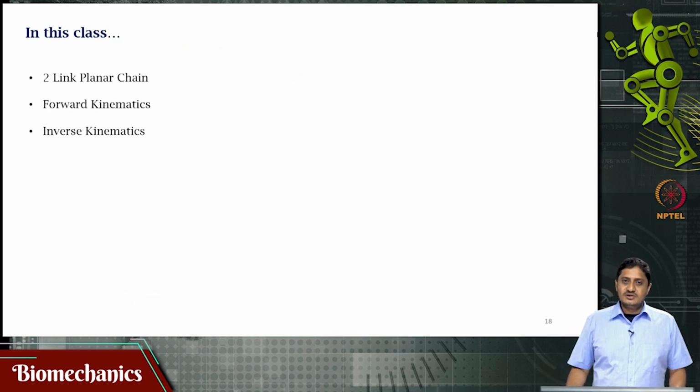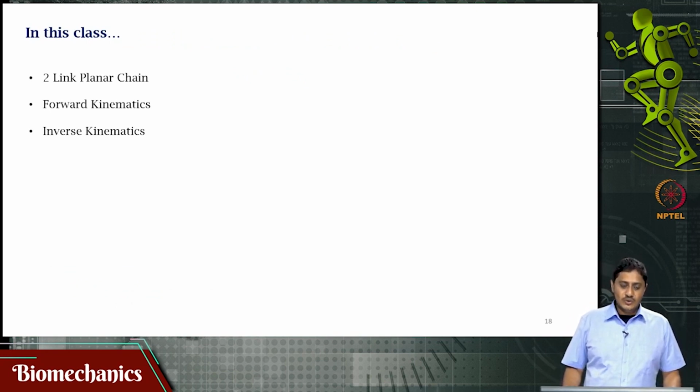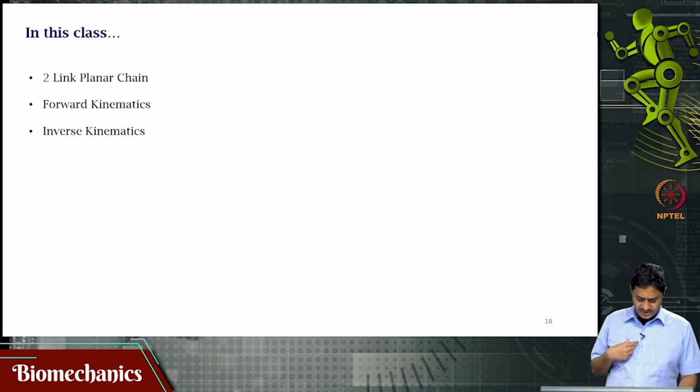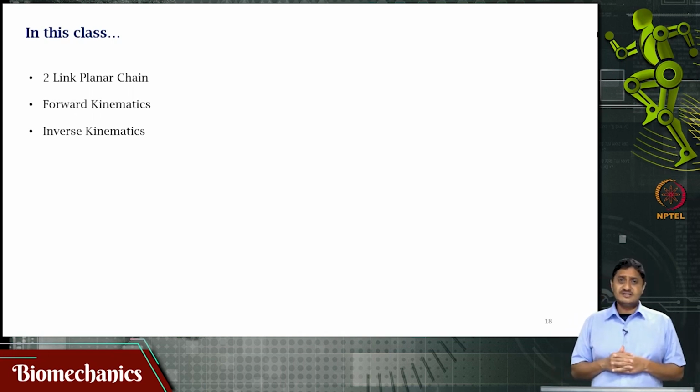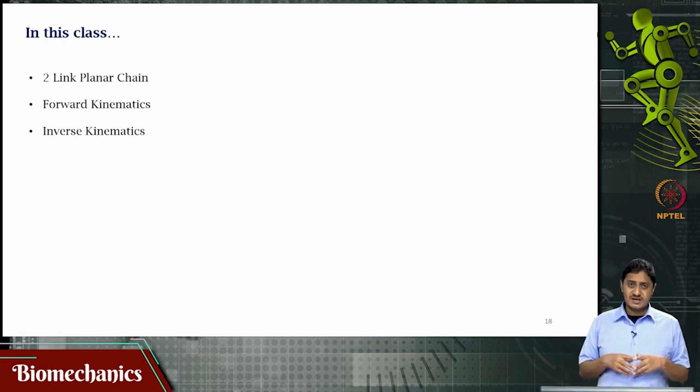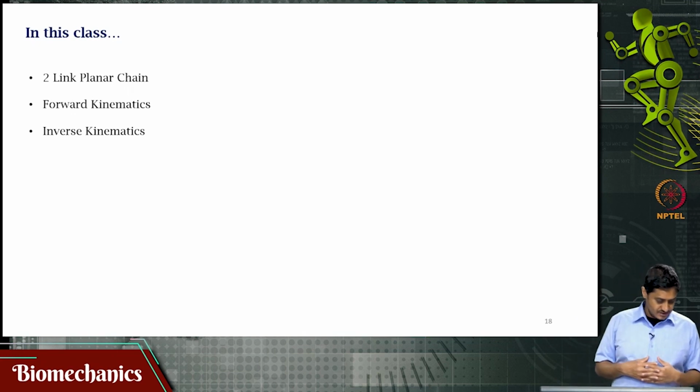So, in this video, we discuss the kinematics of a two-link planar chain, its forward kinematics and its inverse kinematics. We start our analysis with first principles and we proceed to develop the method for this type of analysis. Right.